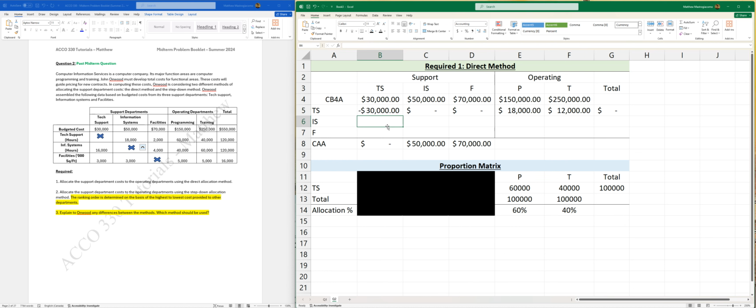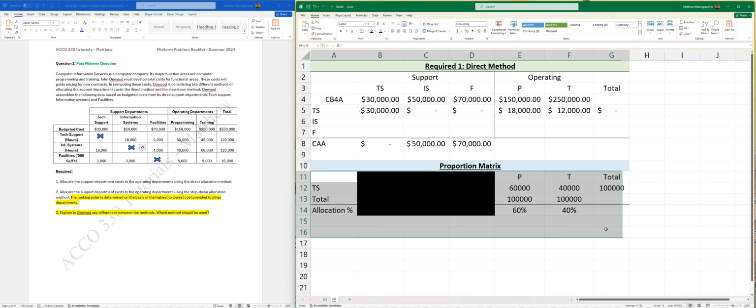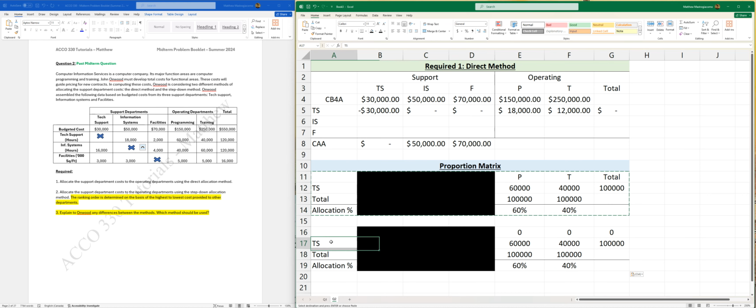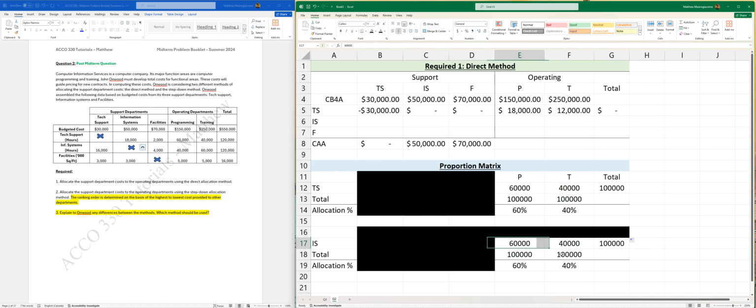Now, information systems. Let's copy in this grid again and put IS here. Then we can do equals that, and just drag. Now let's erase this. So for IS, it allocates based on hours. Programming uses 40,000 information system hours, and training uses 60,000.